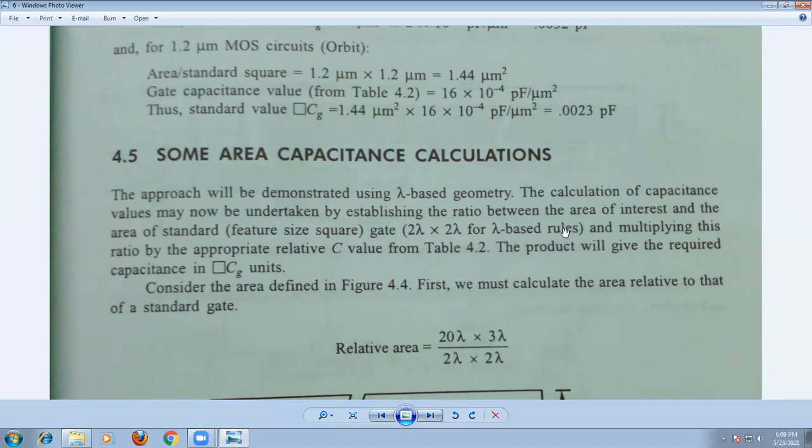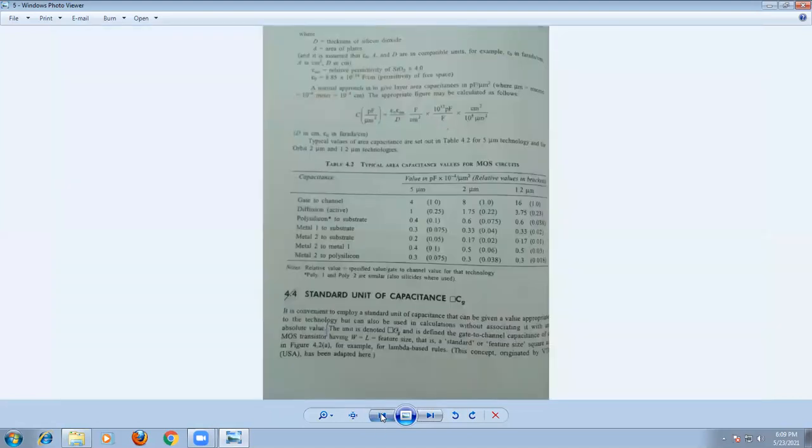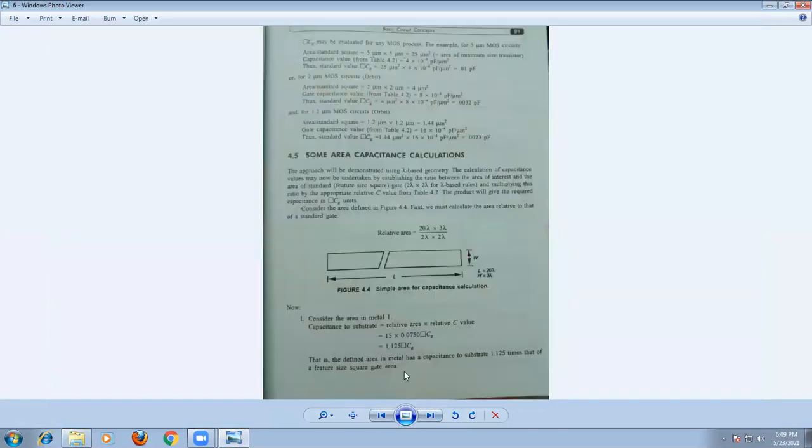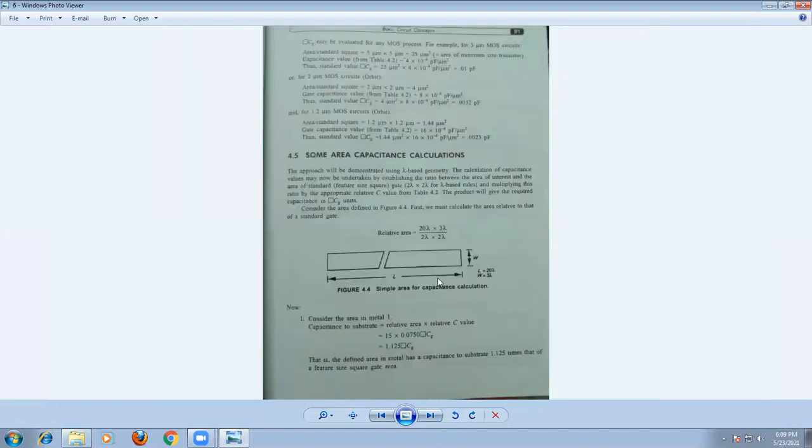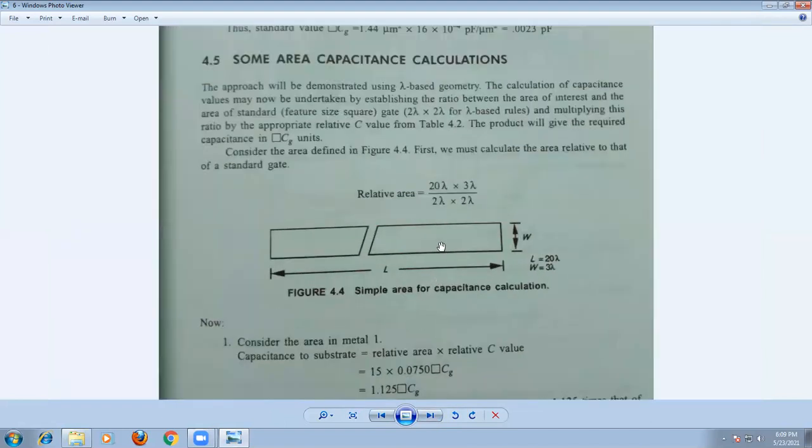Multiplying this area with the relative value of the C from the table, the previous table we discussed, we calculate the capacitance.